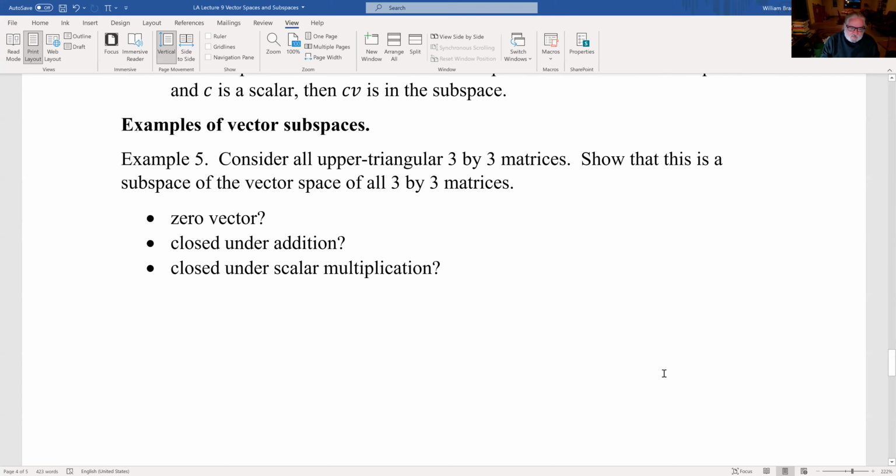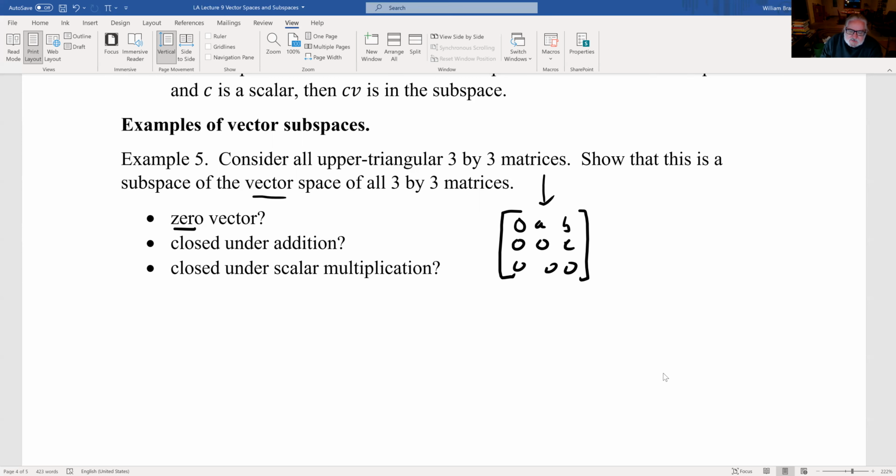An upper triangular 3 by 3 matrix has numbers in the upper right-hand side and zeros everywhere else. So this is what I'm looking at. Is this a subspace of the vector space of all 3 by 3 matrices?